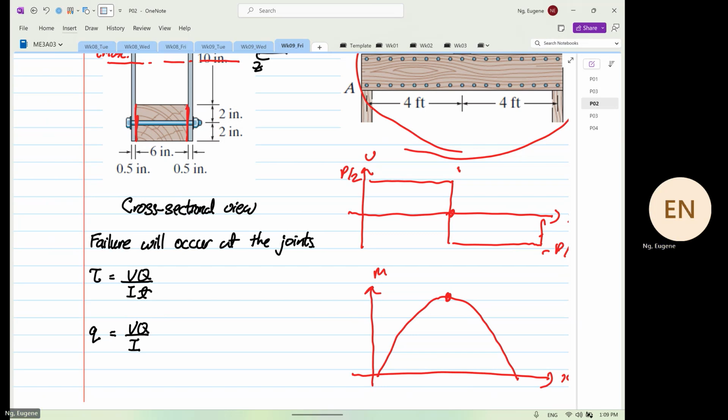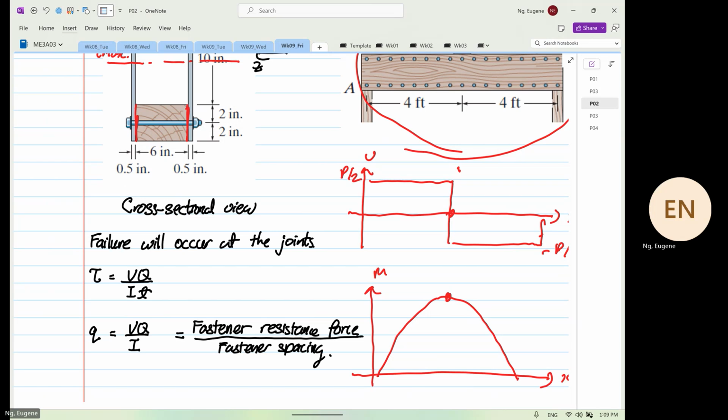Now, the next thing I'm going to have is the formula that Q is equal to the fastener resistance force divided by fastener spacing.